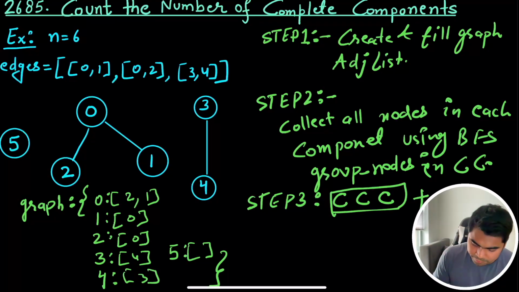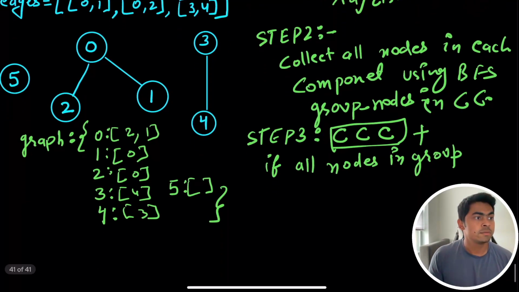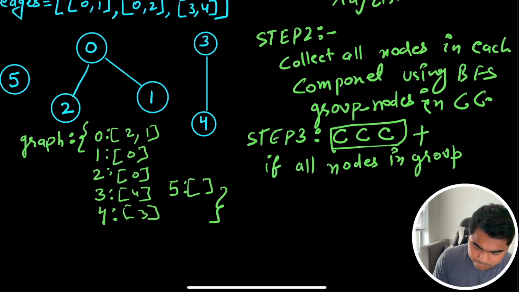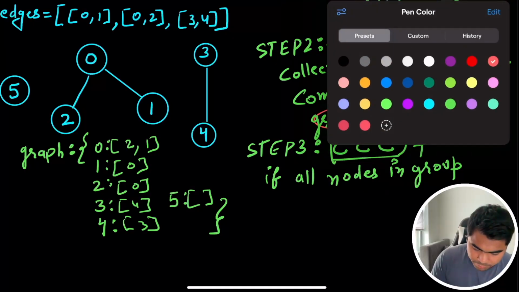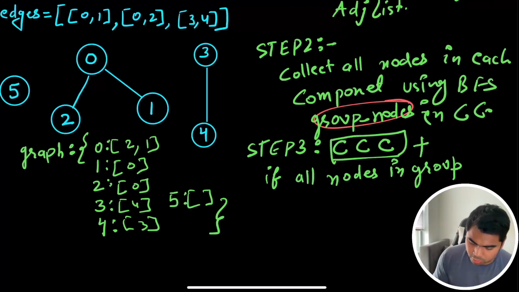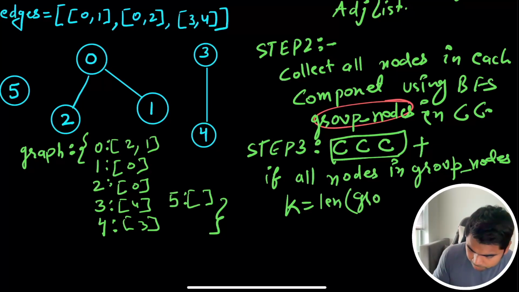So increment this if all the nodes in the group, so in this group that we just found out, so this particular group we are talking about, if all the nodes in this group, so let's say the length would be K, so length would be group nodes.